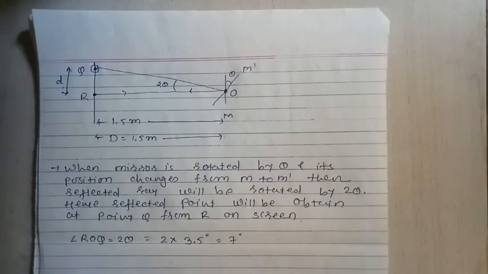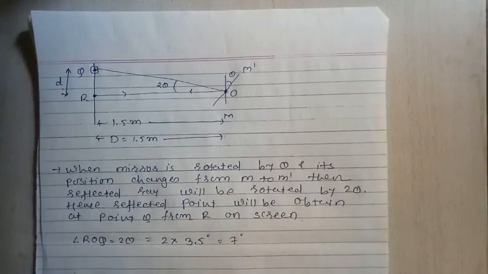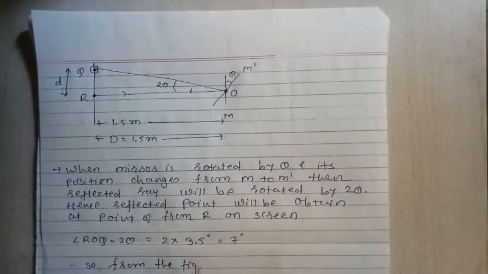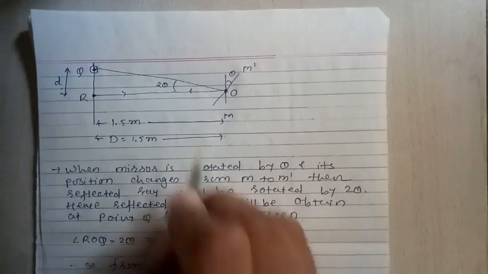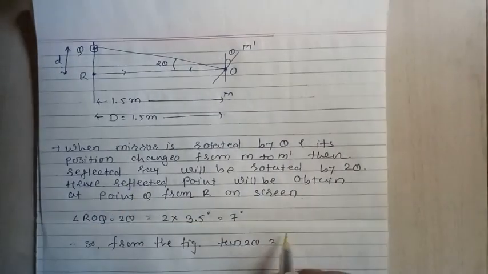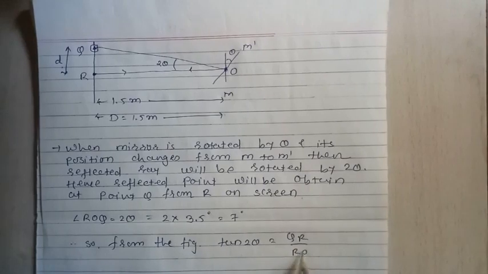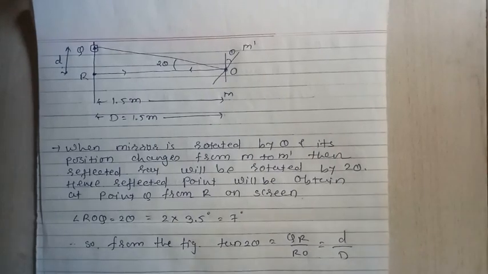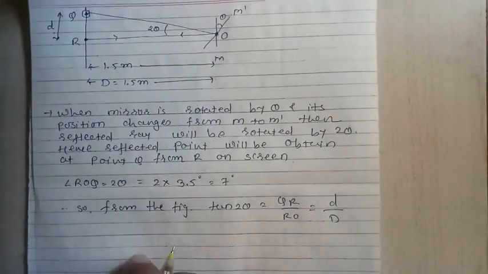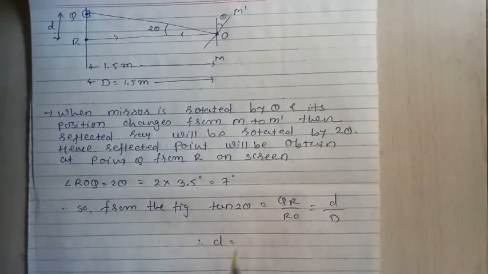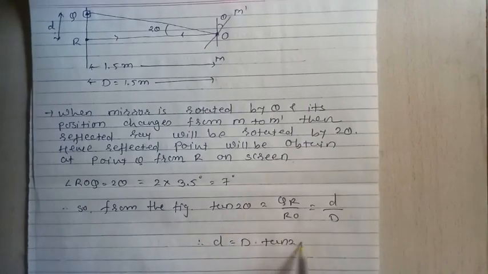We know the formula: tan 2 theta is equal to QR upon RO, where QR is small d and RO is capital D. We have to find small d. So small d is equal to capital D into tan 2 theta.